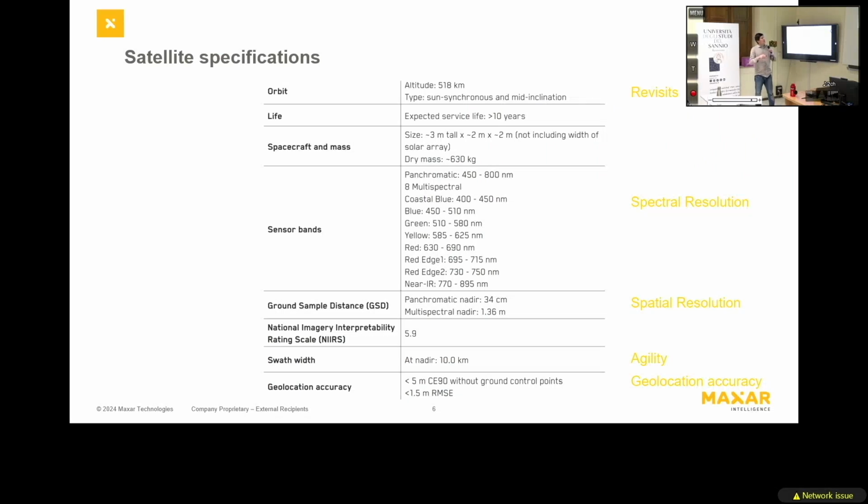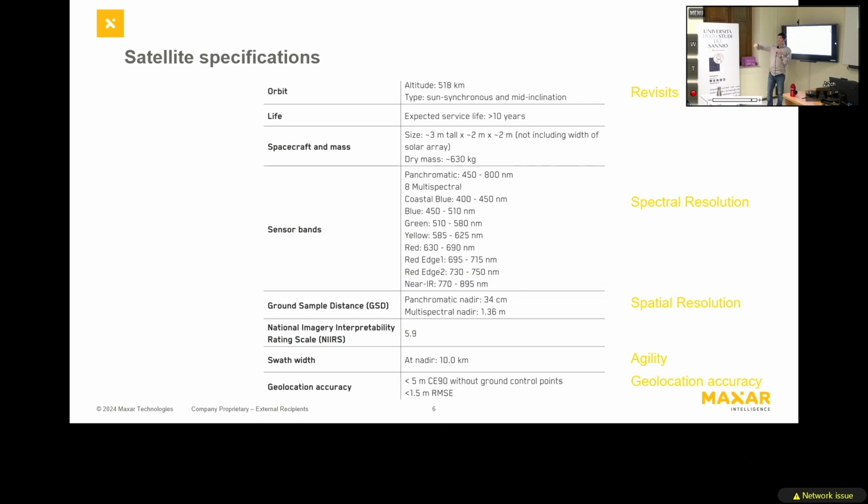How many of you have seen a spreadsheet like this with all the specs? Good. There is a lot of information here that is often overlooked. For example, the orbit. This is for Legion. One thing you can see is that we have 2 different types of orbits: sun-synchronous and mid-inclination.